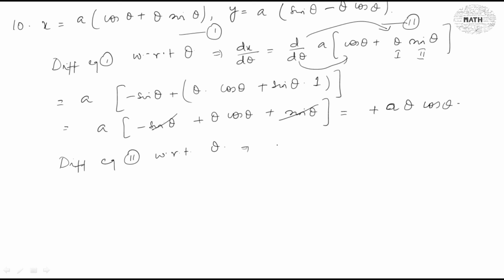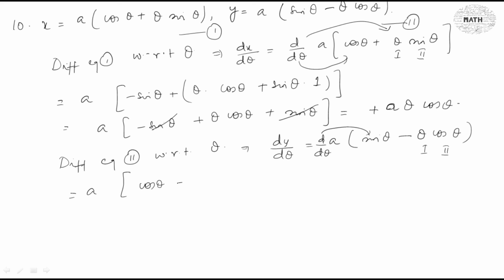So if I do that, I'll get here dy by d theta is equal to d by d theta of a sine theta minus theta cos theta. Again, the same thing over here. This one is first, second, so I have to use the product rule over here also. So if I do that, I'll get here a, and then this with this, it will be how much?